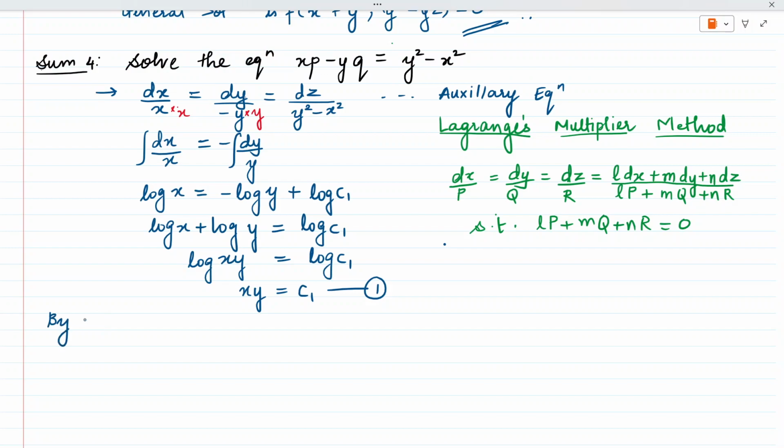Okay. So now because I'm using the Lagrange's multiplier method exclusively, I'll write by Lagrange's multiplier method.